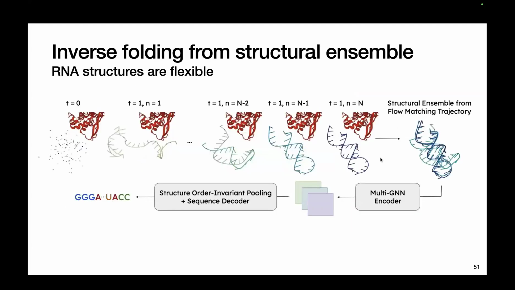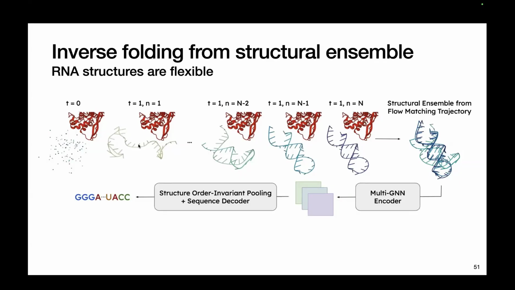Yeah, and of course, in these RNA inverse folding models, like gRNAde, they actually have ways to condition on an ensemble of structures. Because RNA structures are flexible, instead of just conditioning on your current noisy structure, you could actually condition your inverse folding model on a trajectory of this process of the RNA structures.